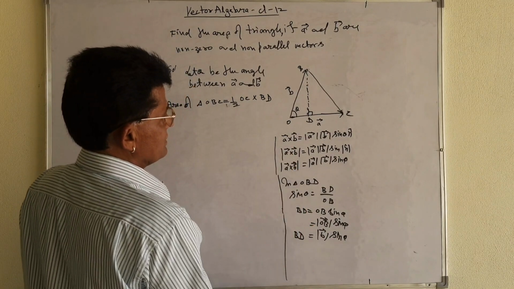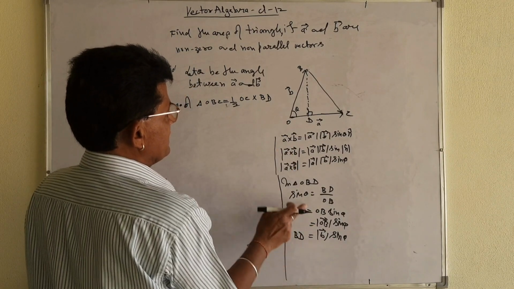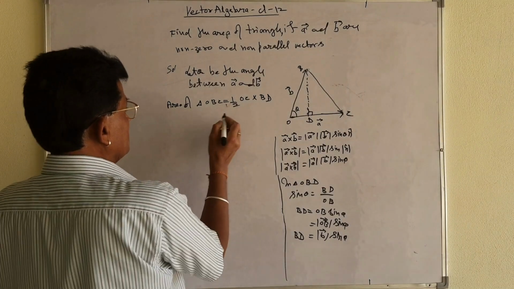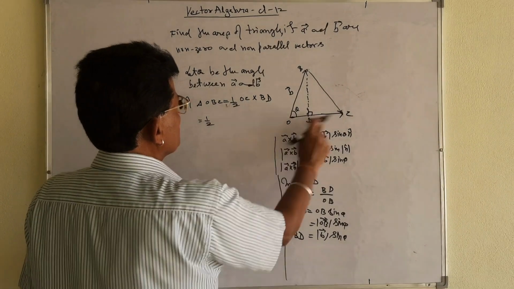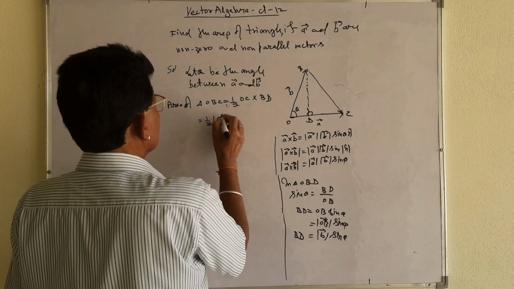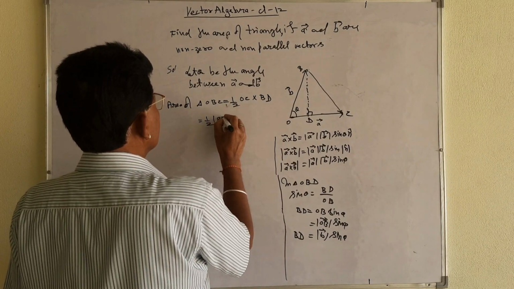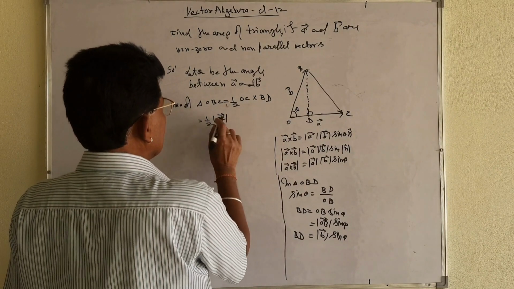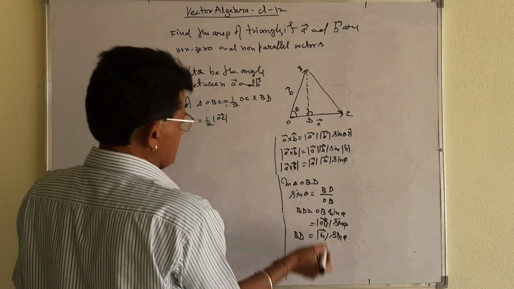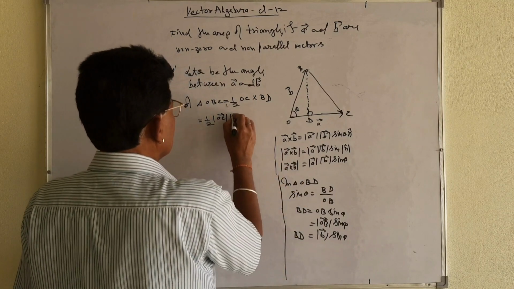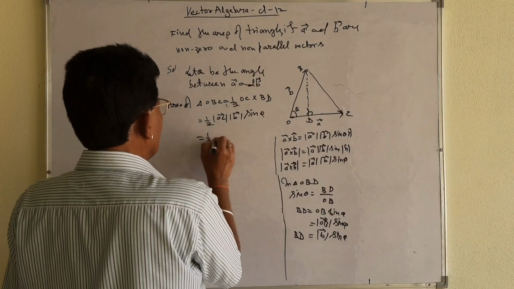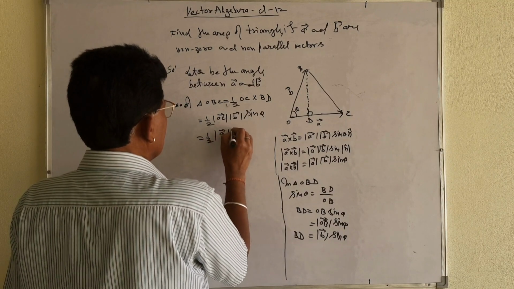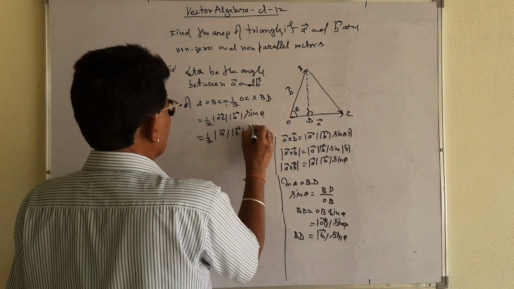Same result I will use. Okay, and that is why you keep in mind, half OC. You can write OC, अभी मैंने लिखा था OC, same thing without changing anything. OC and BD, you write BD will be vector B sin theta. It will be equal to half vector A and vector B sin theta.